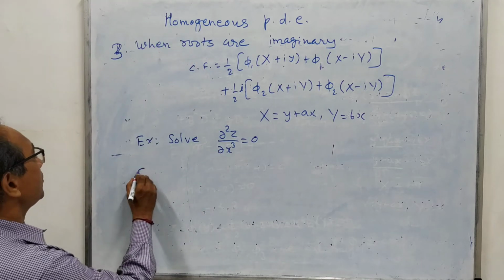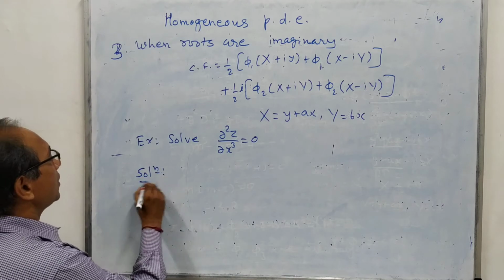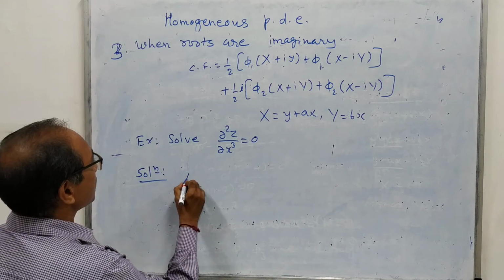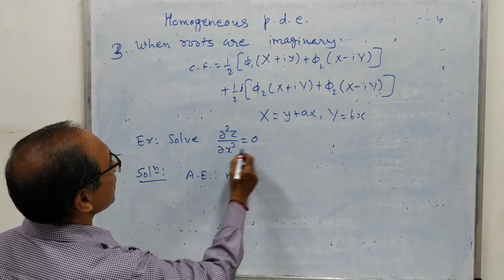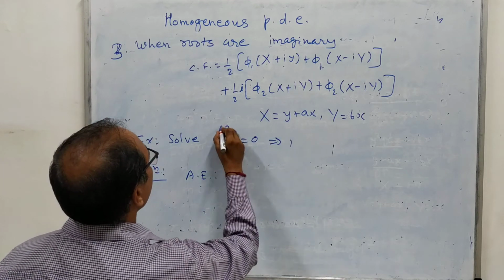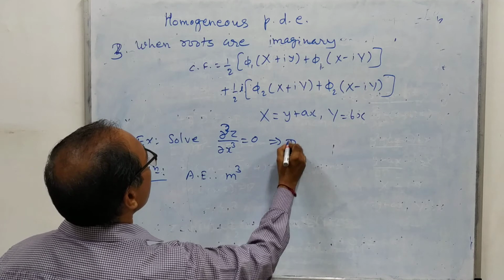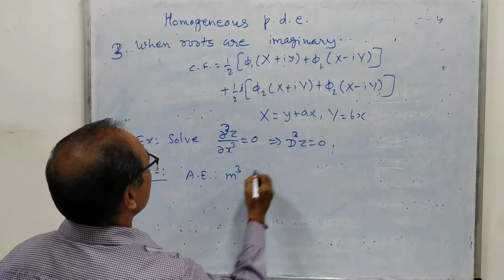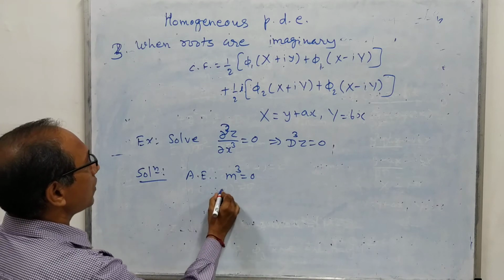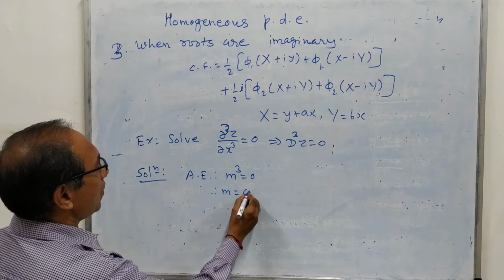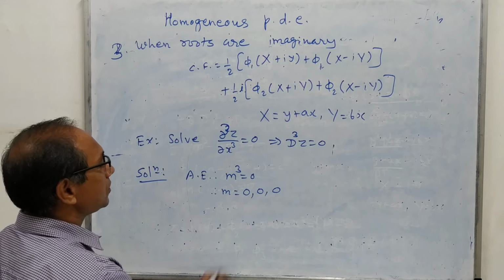So as a part, we can have the auxiliary equation m cube, because it is nothing but del cube, d cube z equal to 0. So m cube equal to 0. Z we don't write. There are three roots of this one, and all are same, 0, 0, 0.